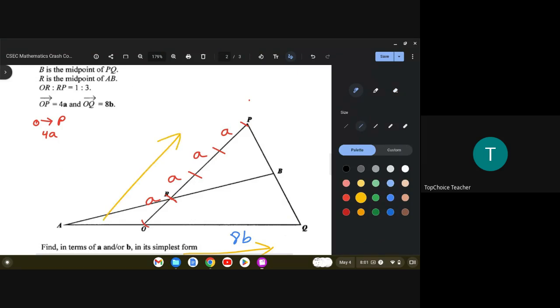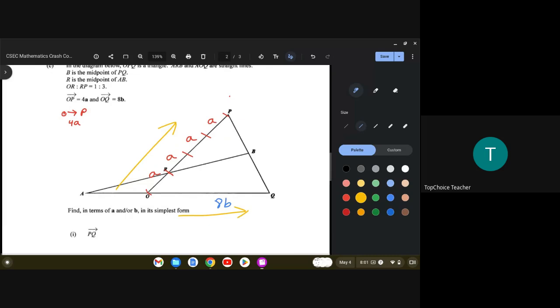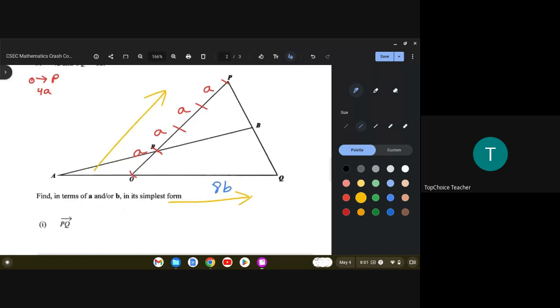We'll see why those things come in handy. The question wants us to firstly find, in terms of A and or B in its simplest form, what is vector PQ? Vector PQ is basically you're starting from P up here and you want to go all the way down to Q.